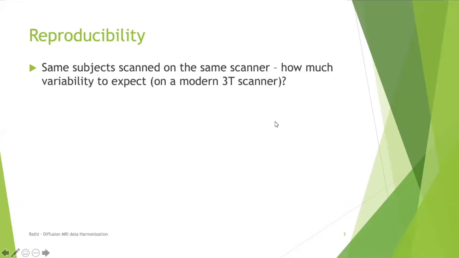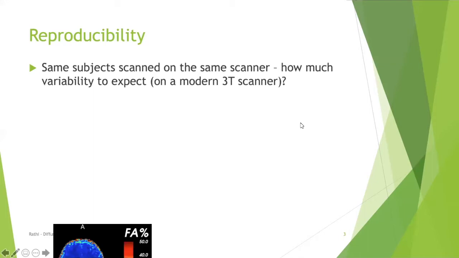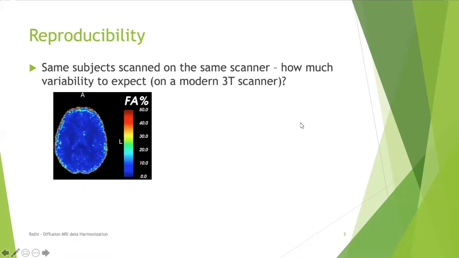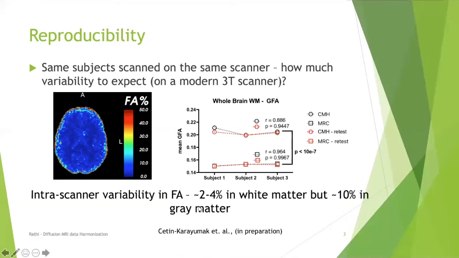What if we were to scan the same subject on the same scanner, multiple sessions? I'll mostly talk about diffusion MRI here, and this is what you see on the left. Percentage change in FA for the same subject, very small variability. Basically, it's about 2 to 4% in the white matter, maybe 10% in places in the gray matter.